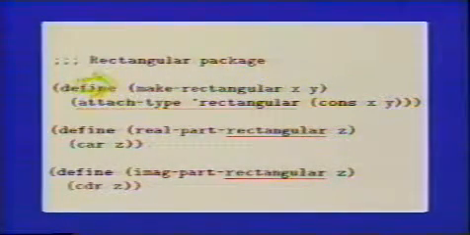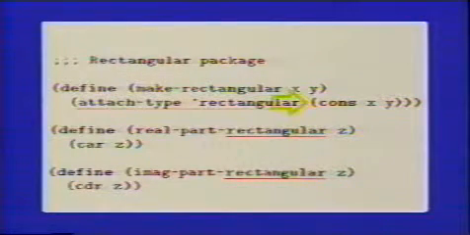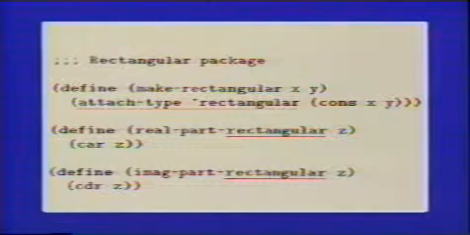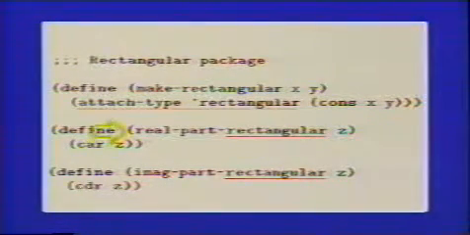So before, when George made a complex number out of an x and a y, he just put them together to make a pair. And the only difference is that now he signs them. He attaches the type, which is the symbol rectangular, to that pair. Everything else George does is the same, except that George and Martha both have procedures named real part and imaginary part.